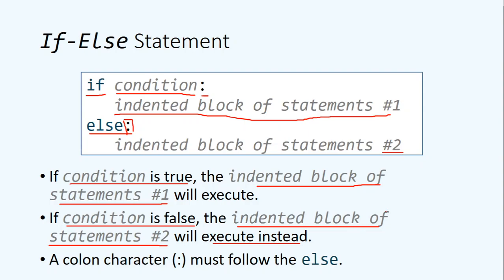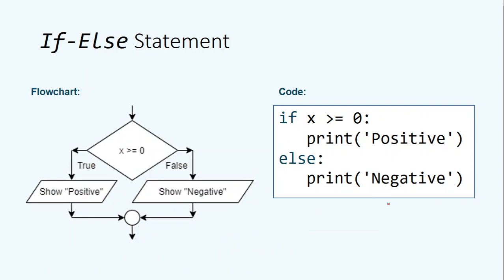Let's look at an example as to how if else statements are used. Here we have a flowchart where we are checking a decision that has the statement x more than or equal to 0. So we want to verify whether this is true or false.